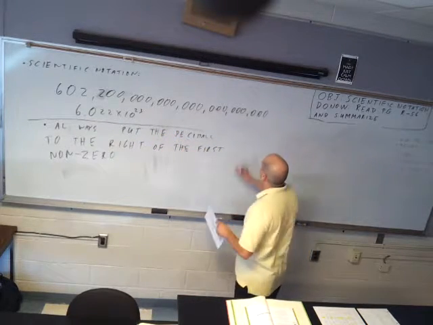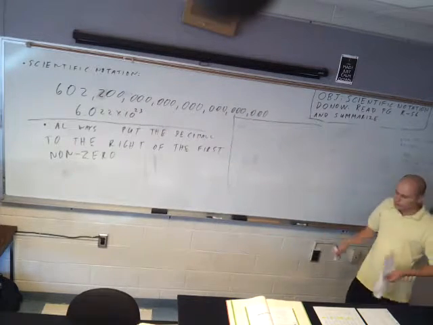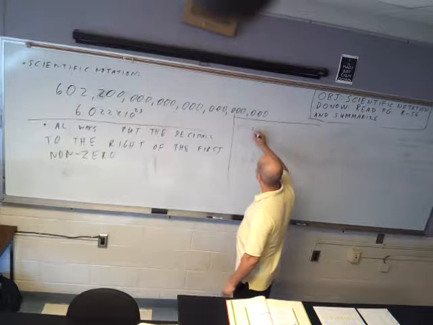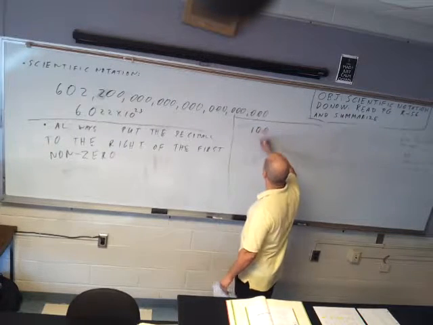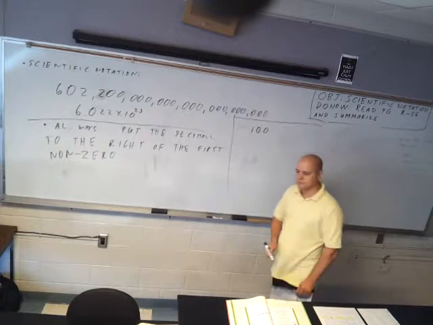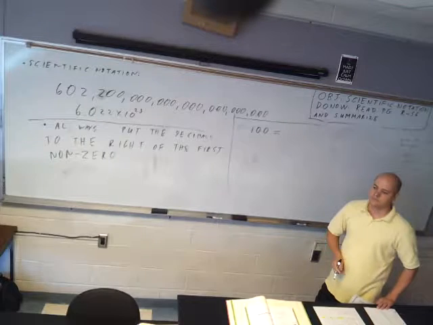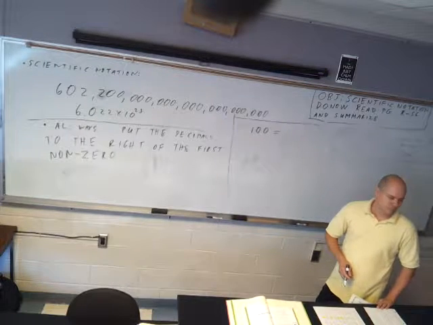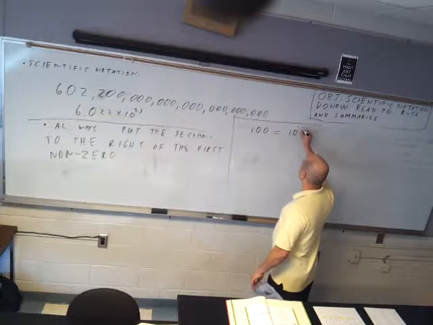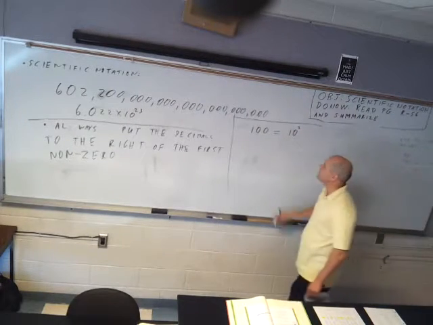All right. So let's deal with some scientific notation. Let's see how to write numbers. So let's start with something like 100. So how would I write this in scientific notation? Yeah, exactly, 10 to the second power. I could write 1 times 10 to the second power if I wanted to, but it's kind of silly for that.